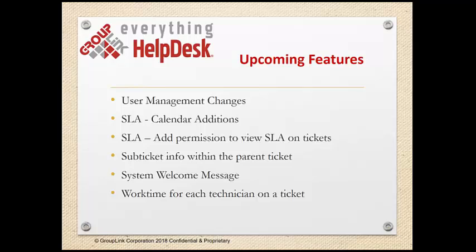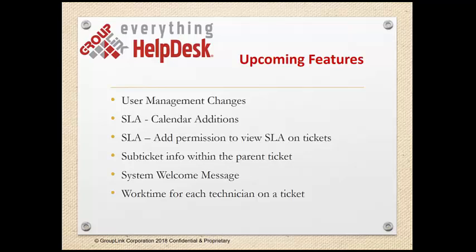We also added on the sub-ticket, anytime you have a child ticket attached with a parent ticket, you can see limited information, but you can also click there to view the ticket in its entirety. We are now giving you the option to go ahead and say what you want to appear there. So the admin would put those parameters in.